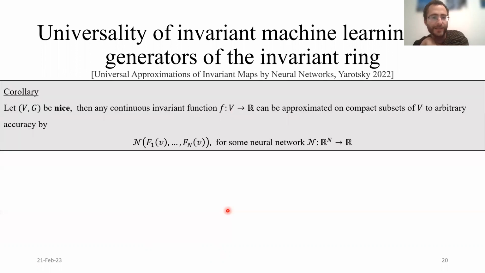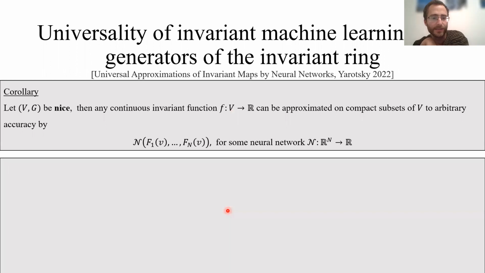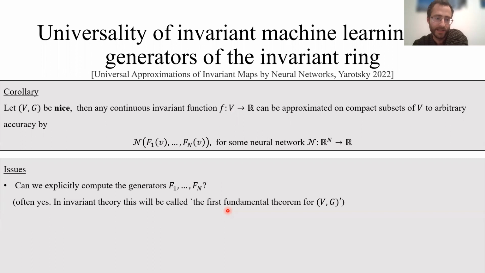And then you could ask what possible issues there could be. First of all, can we explicitly compute the generators? Do we actually know what they are for a group action we're interested in? And often the answer to that is yes.